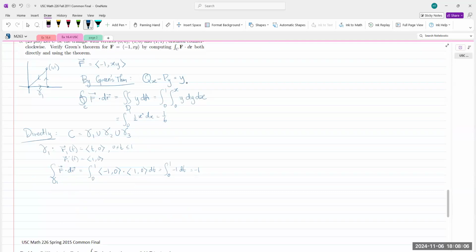How about the second path? For the second path, r2(t), the x component is 1, and the y component will be moving from 0 to 1.